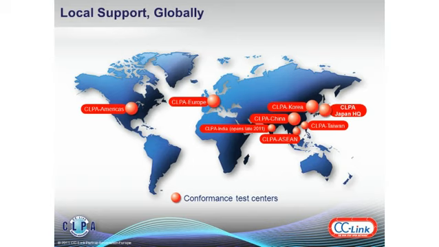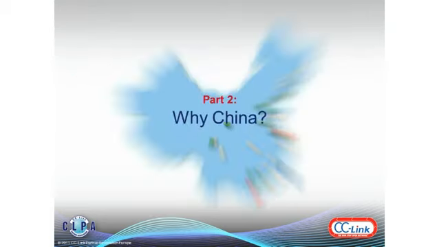As you can see here, the larger circles show that there are conformance test centers in a variety of locations worldwide. So no matter where you are doing development, getting conformance testing done at a local facility is usually not an issue. So that's giving you an overview of what CC-Link is as a technology and its key benefits as regards using it in applications.